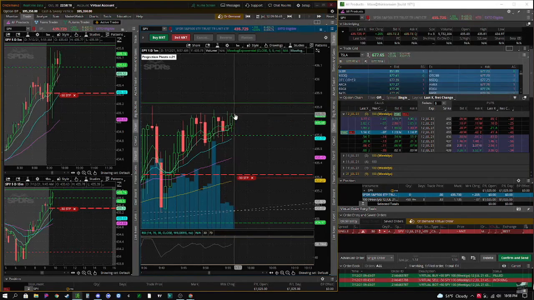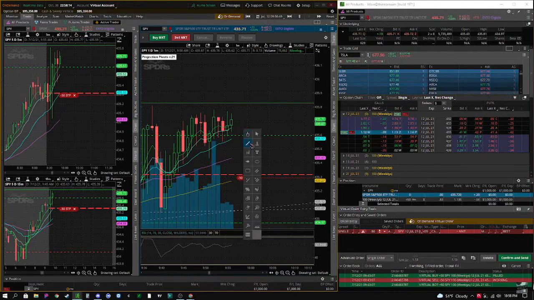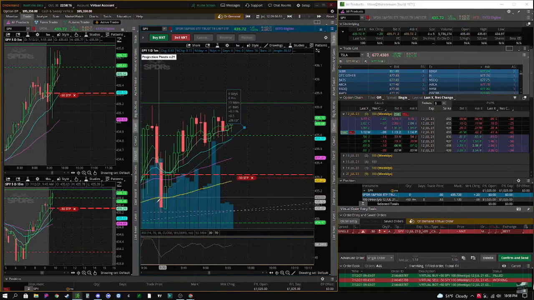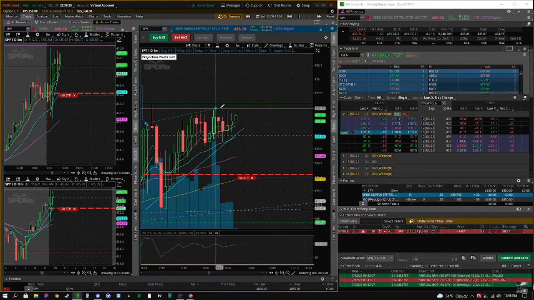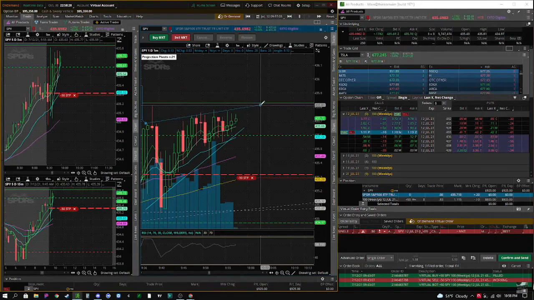So it looks like it is finding support here. It's making higher lows, as you can see here. There's some good price action going on. And it's almost kind of flagging at the same time.